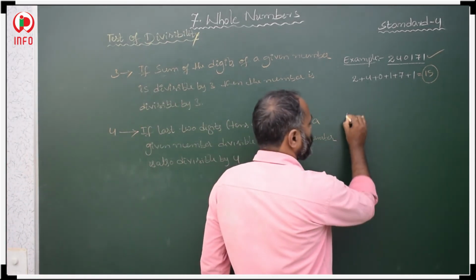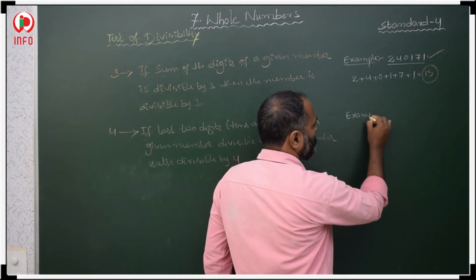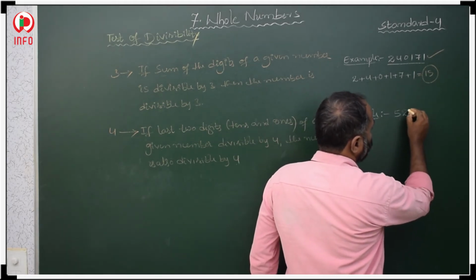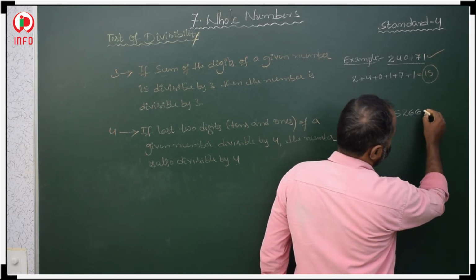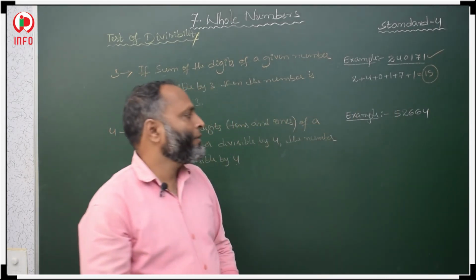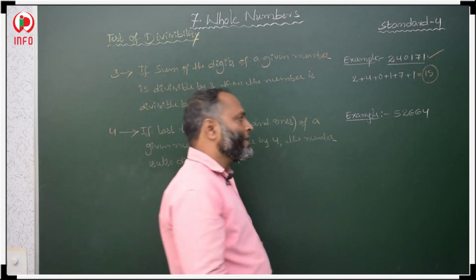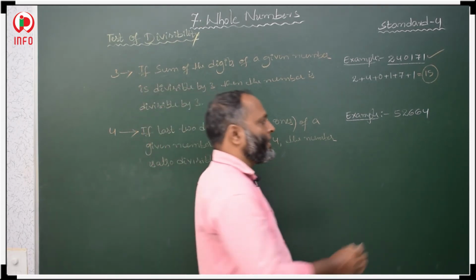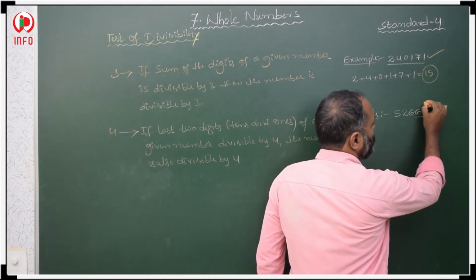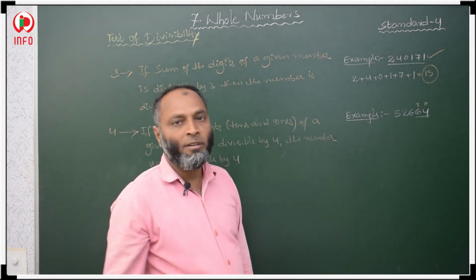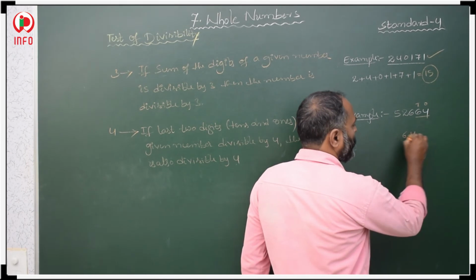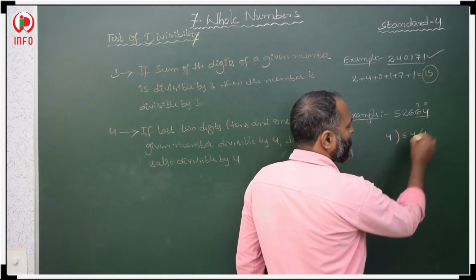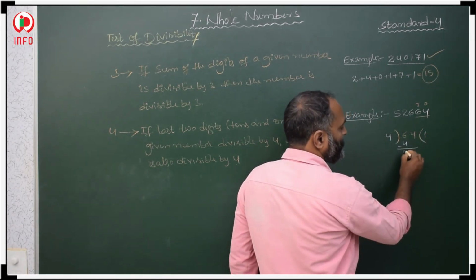See in the example, 52,664. Is this number divisible by 4 or not? How to check? The last 2 digits, ones and tens, we take and check: is 64 divisible by 4? 4 ones are 4, 6 minus 4 is 2.